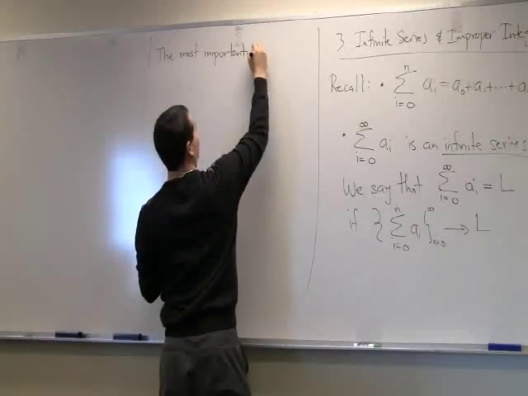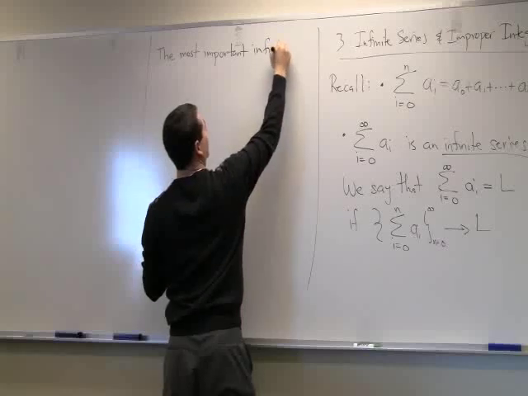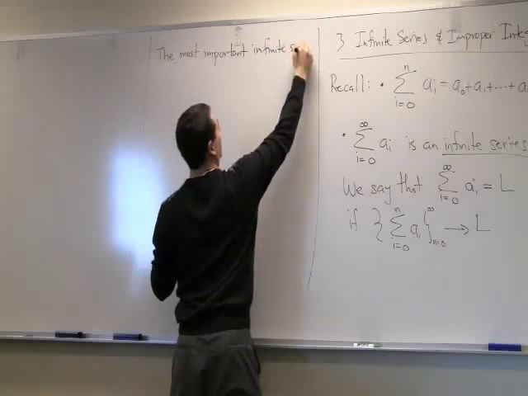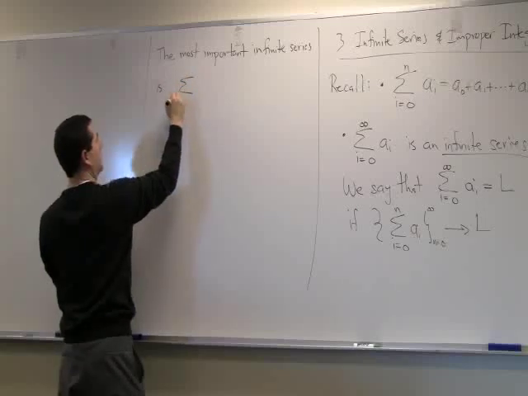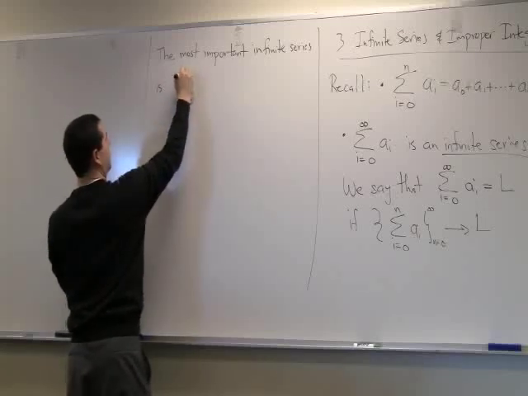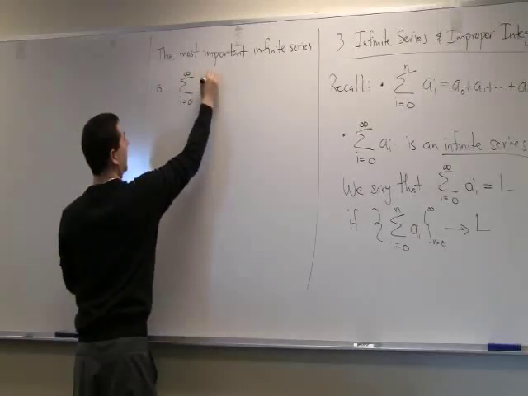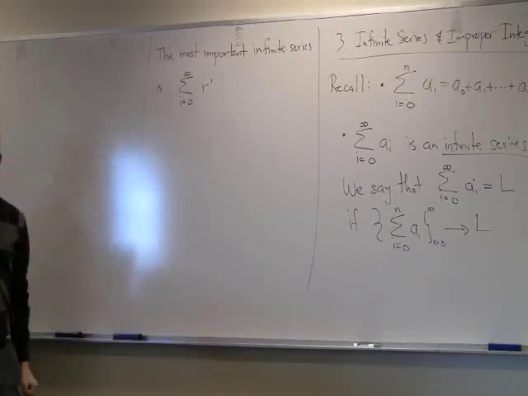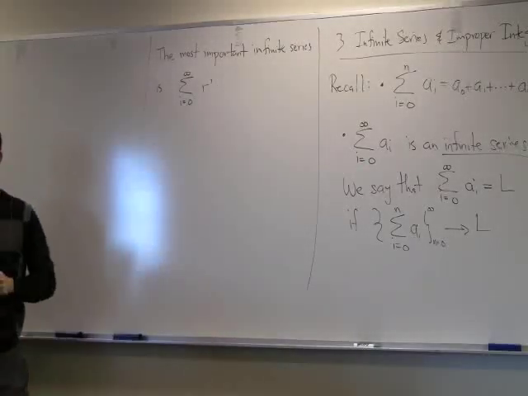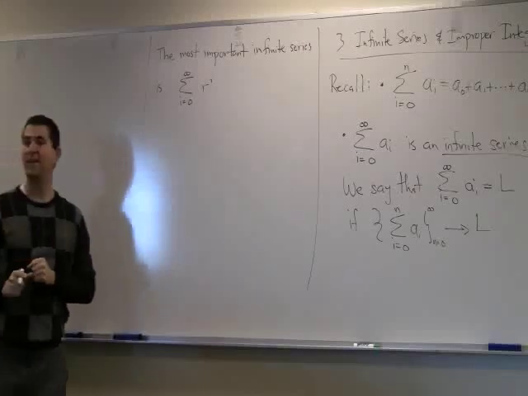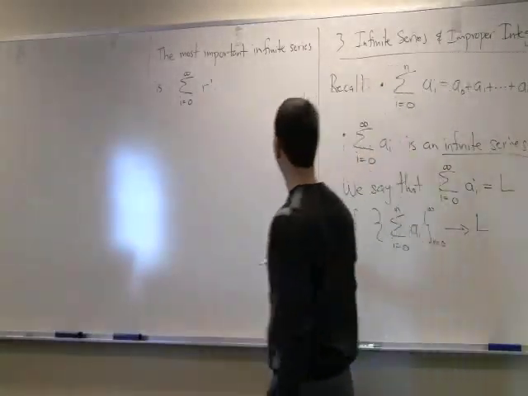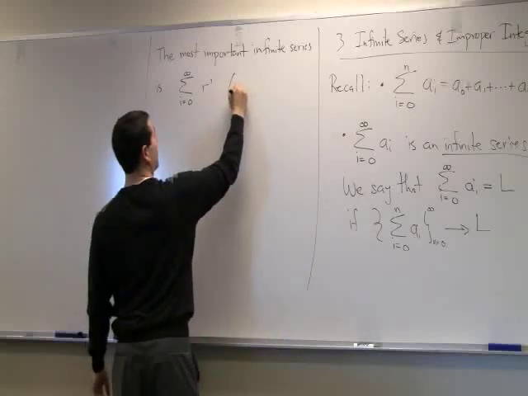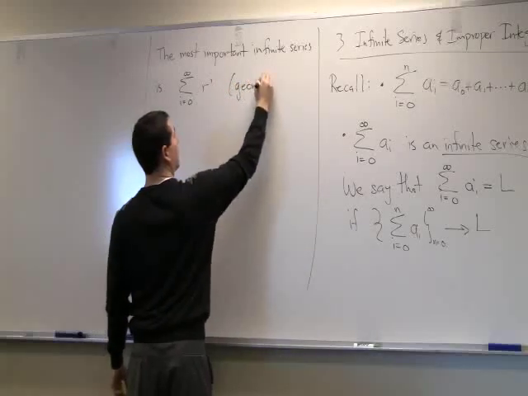The most important infinite series is the sum i equals 0 to infinity of r to the i. Remember what this is called? Geometric series, exactly.